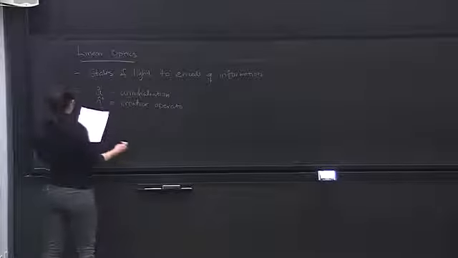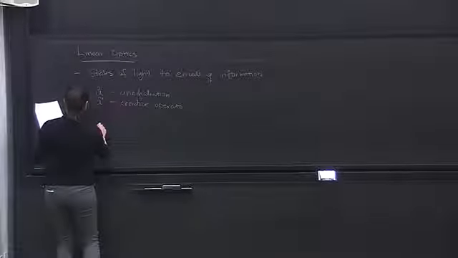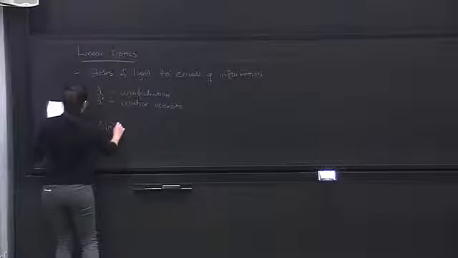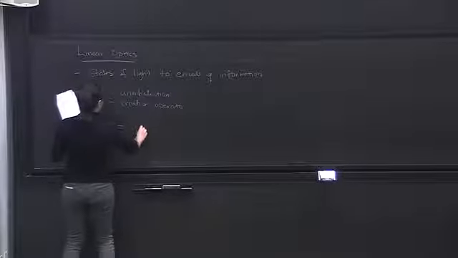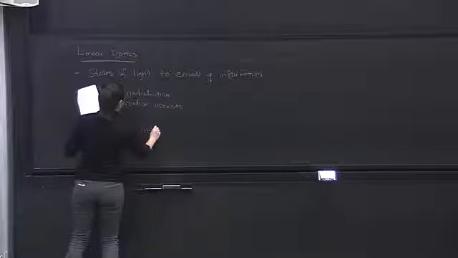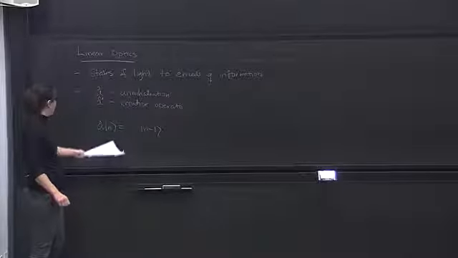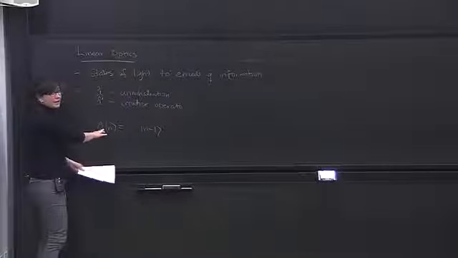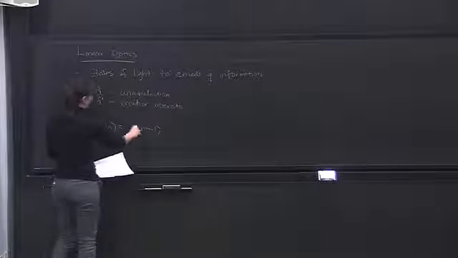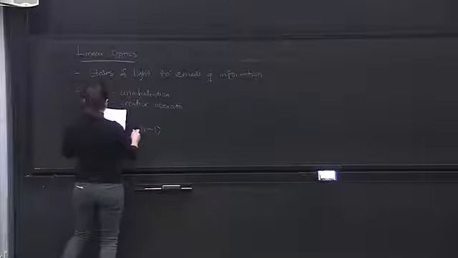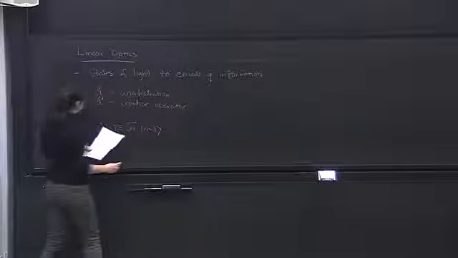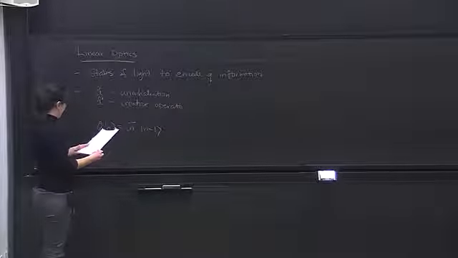So in particular, they act on number states by reducing. So if we have an annihilation operator acting on an n particle state, so this is going to be an n photon state, then we're going to reduce the photon number by 1, and we get a coefficient out the front of square root of n.